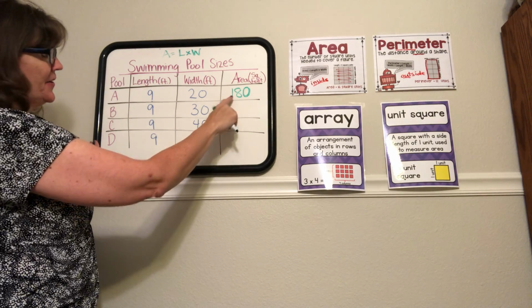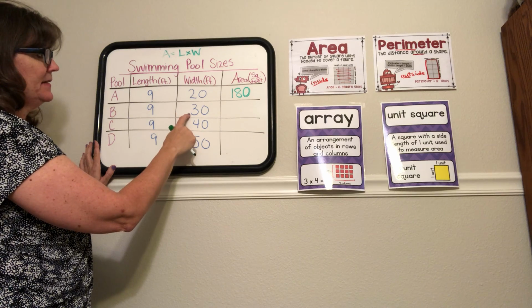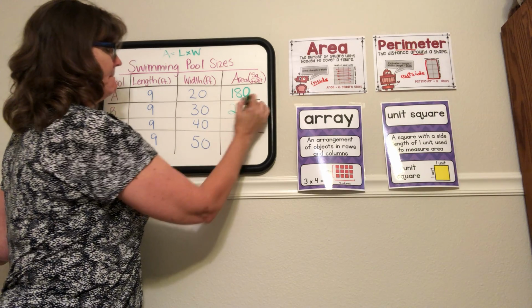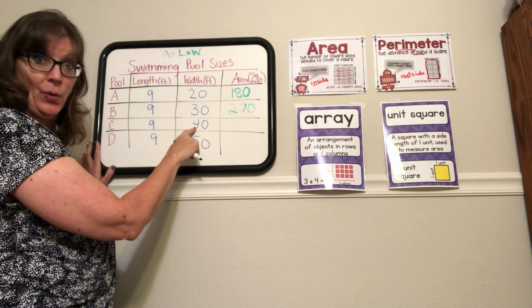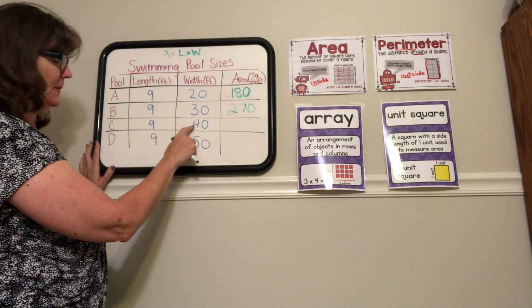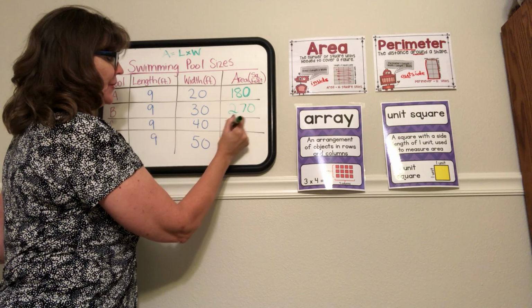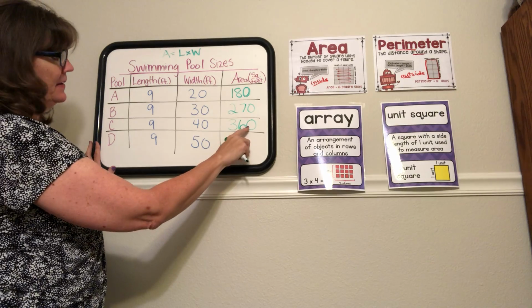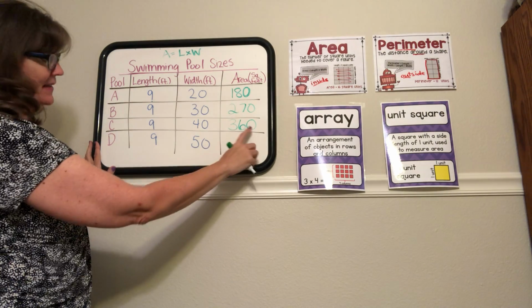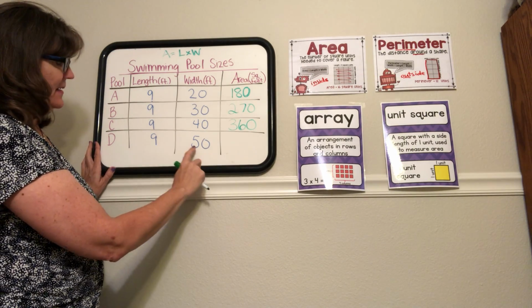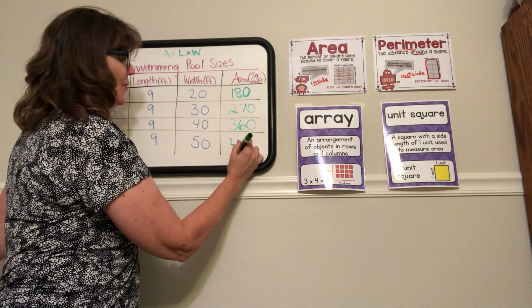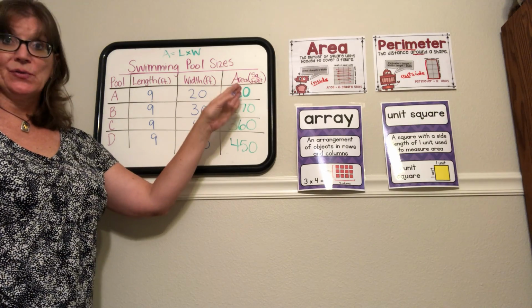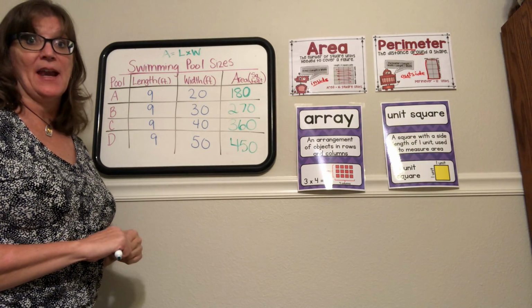So it's not 18, it's 180. 9 times 30 is 270. 9 times 40, I remember my basic fact of 9 times 4 is 36. And then I have to add my 0 as a placeholder. 9 times 50 is 450. And I forgot to say for each of these it's square feet because I'm finding area.